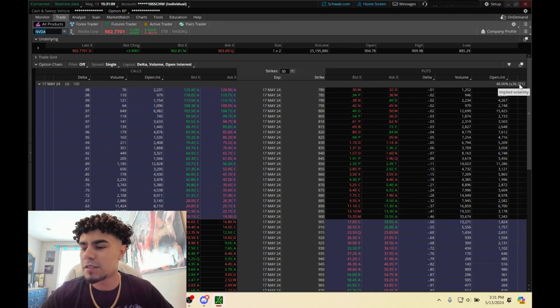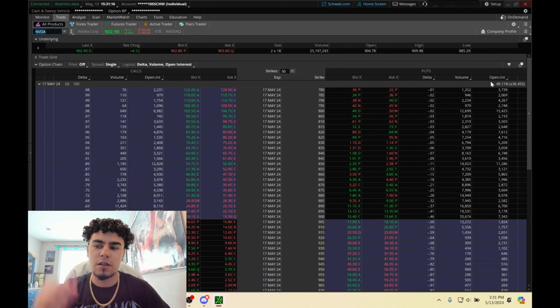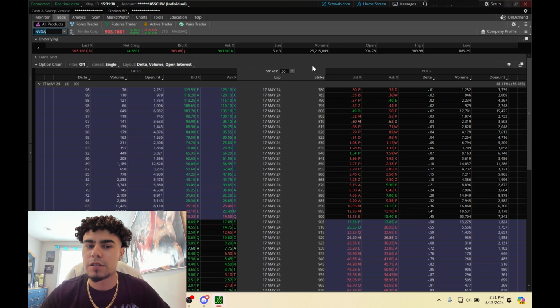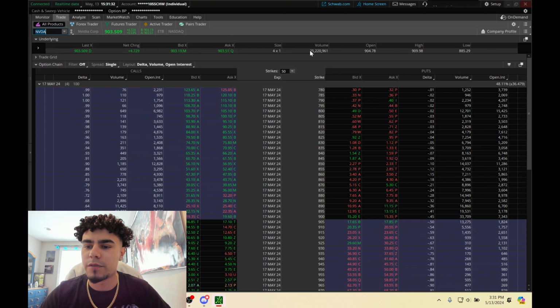So if I come back to one of our regular stocks that we trade, NVIDIA is pricing in a $36 move, which is way more than even what GameStop is overall trading at. GameStop's at like $30. But this implied volatility is still at 48%. The reason for that, $36 on a $900 stock is way different than $36 on a $30 stock, or even $12 on a $36 stock, or a $30 stock, whatever.